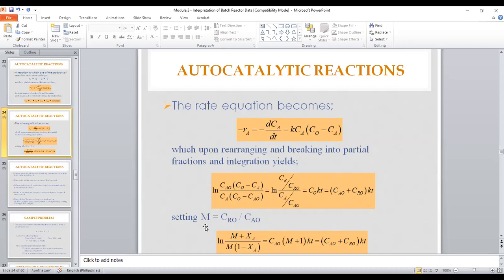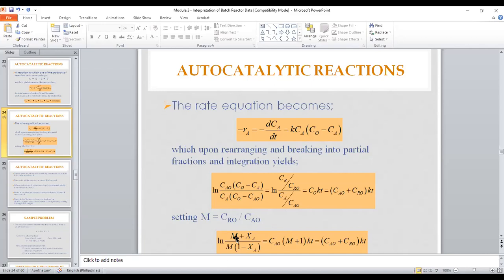Now M can replace the ratio of C sub R0 to C sub A0, just like M is representing C sub B0 over C sub A0 with respect to second order and third order irreversible reactions in the beginning part of this set of slides. So now, from this expression, you will have this for your autocatalytic reaction.